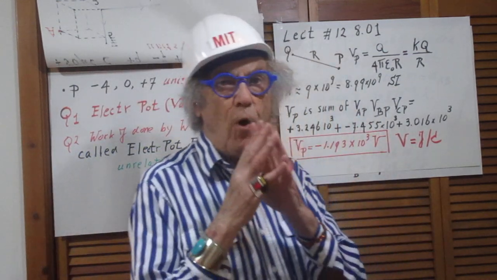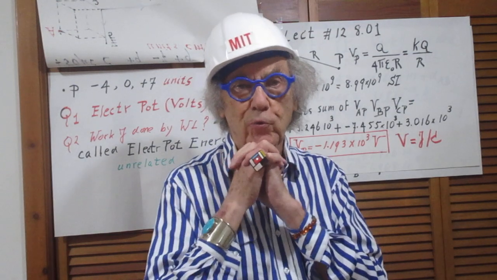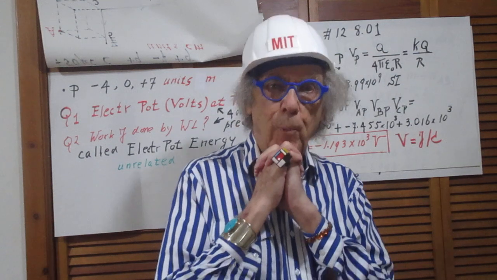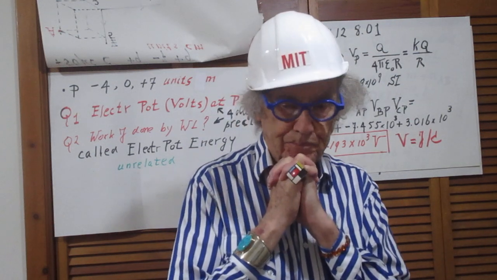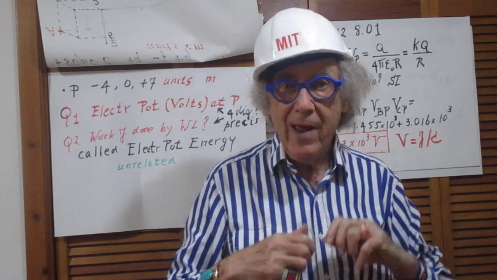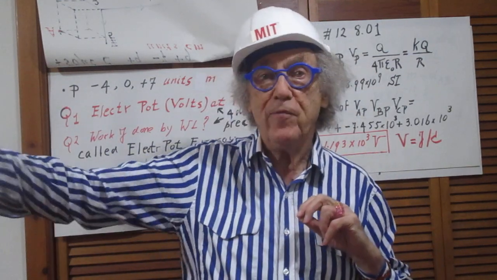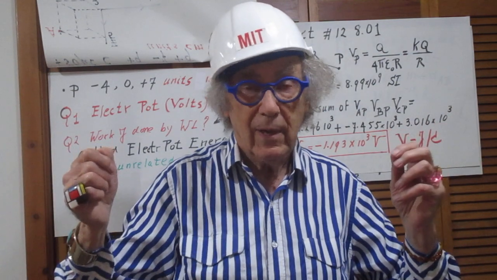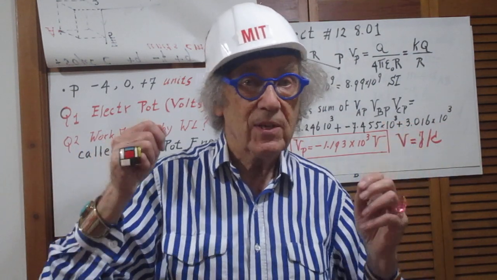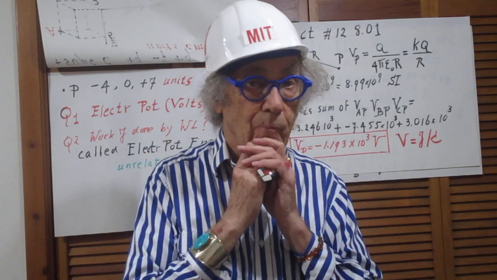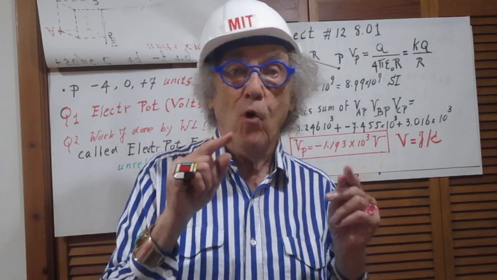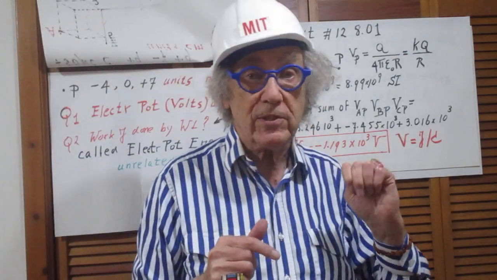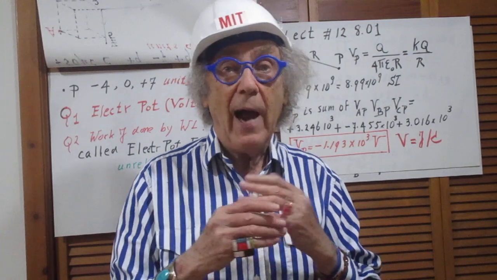The dimensions of volts is also joules per coulomb. Remember how potential was defined. If I, Walter Lewin, come from very far away with some test charge in my hand, let's call the test charge little q, and I then go to a certain point P in space, where there is already a charge in space, I have to do work.